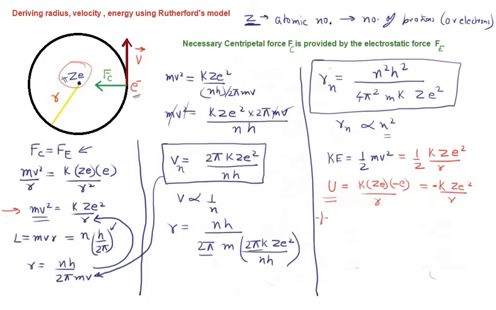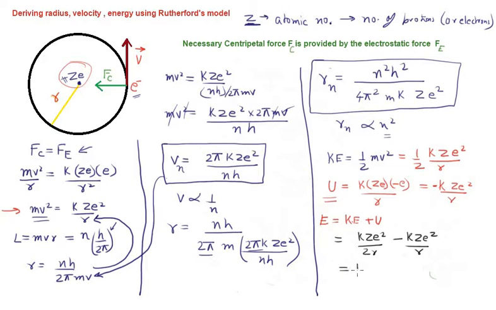Now total energy is E, which will be equal to kinetic energy plus potential energy. So kinetic energy is kZe² by 2r and minus kZe² by r.